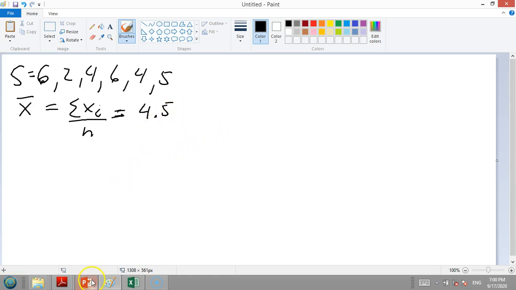The next step is, based on these die rolls, if somebody asked me, hey, is this die fair or not? What is your best guess for the population mean of the die roll? I'll say my best guess is that it's 4.5.